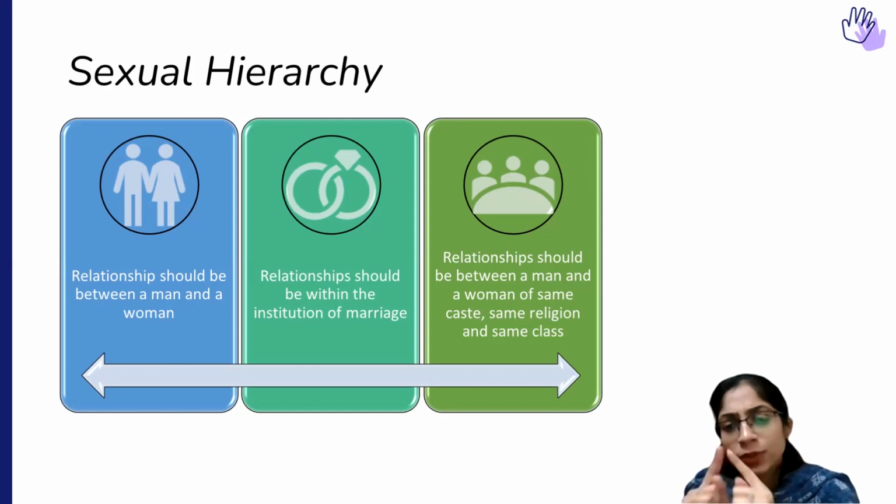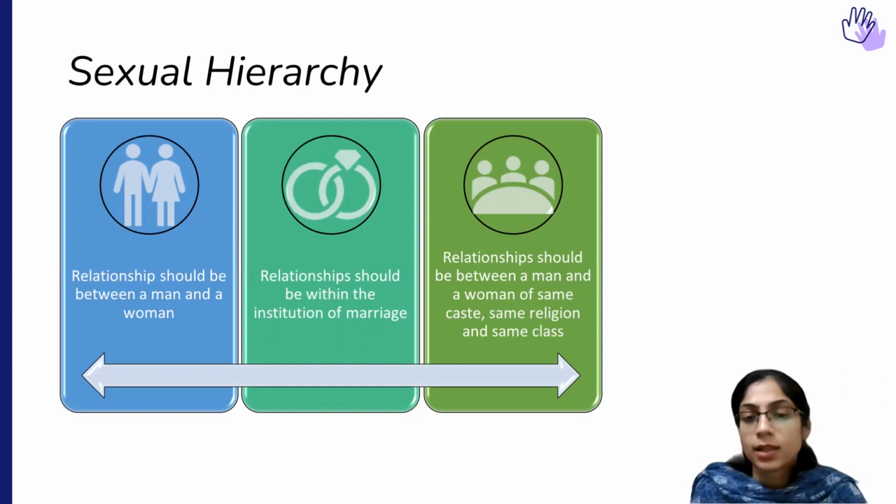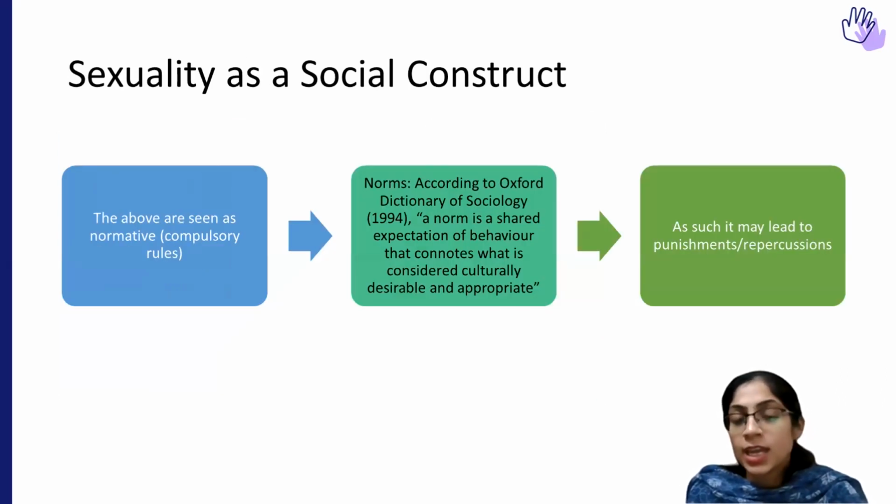It is at the top of the pyramid of the sexual hierarchy: the heterosexual relationship between a man and woman post marriage and in a couple of the same caste, class, region, and religion. This couple who falls into this category is on the top of the pyramid.